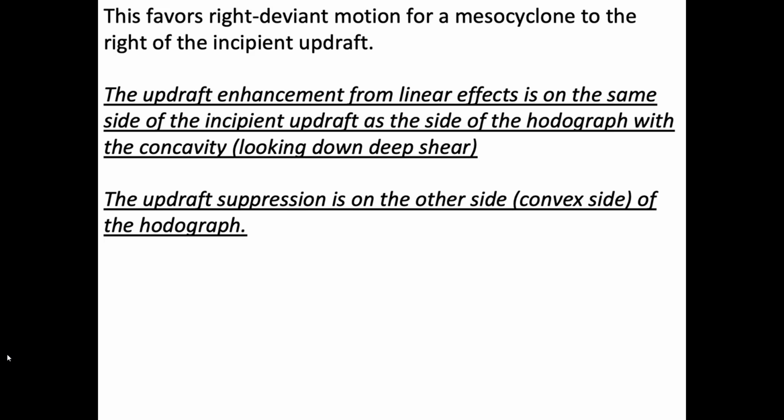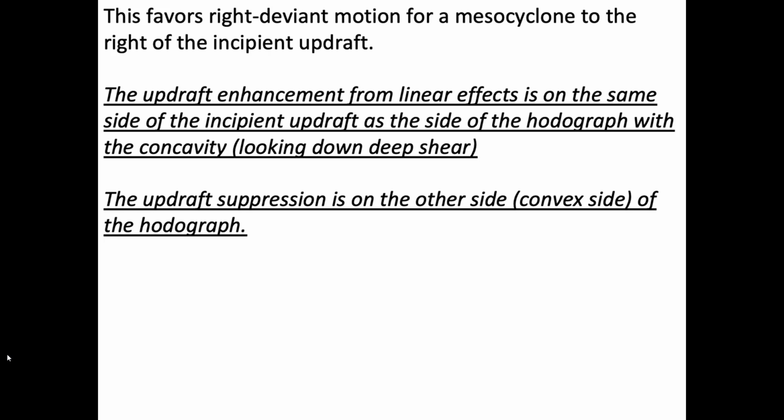So the updraft enhancement from linear effects is on the same side of the incipient updraft as the side of the photograph with the concavity looking down the deep shear vector. Whereas the updraft suppression is on the other side, or the convex side of the photograph, in more general terms.